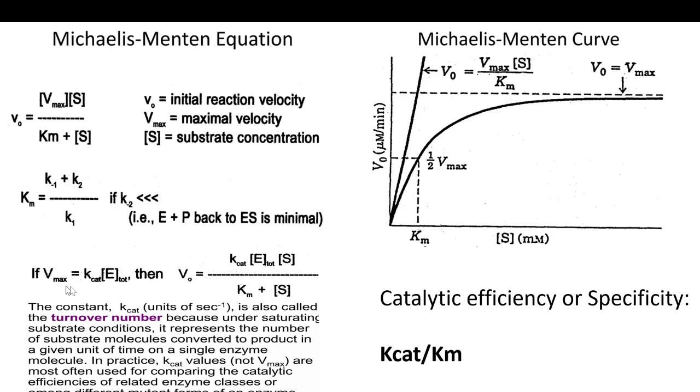Now if we want to look into what Kcat is, Kcat is also known as the turnover number. The constant Kcat, whose unit is second inverse, is called the turnover number because under saturating substrate conditions it represents the number of substrate molecules converted to product in a given unit of time on a single enzyme molecule.